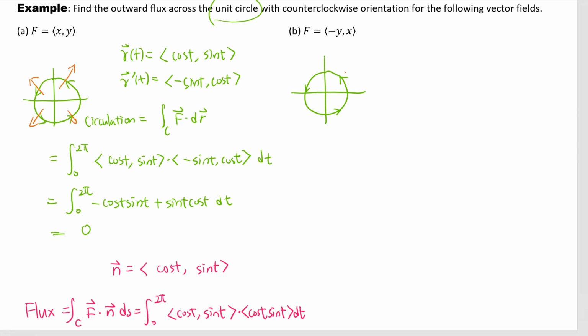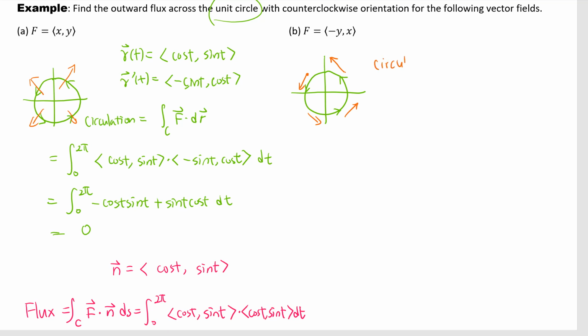So (-1, 1) is right here. Okay, and how about this point? Well, this point is (-1, 1), so then the vector field is (-1, -1), like that. Okay, so what is the circulation?